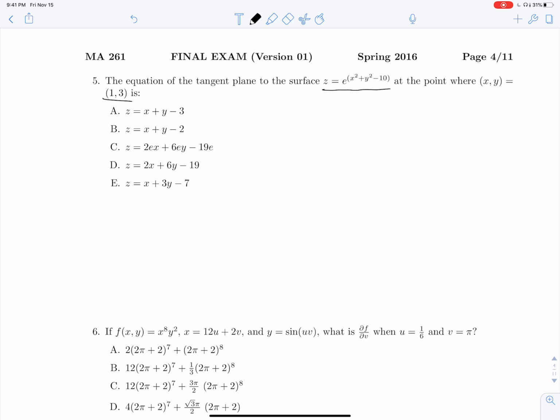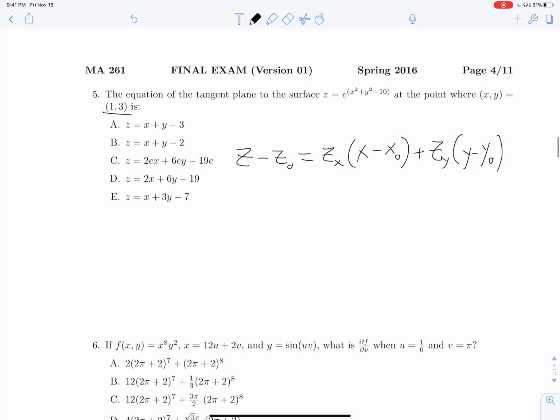And we know that our tangent plane is made, in this case, z minus z naught equals z_x times x minus x naught plus z_y times y minus y naught, where z_x and z_y are the partial derivatives of z with the values x and y plugged in to get their respective derivatives. So we can solve this pretty easily.